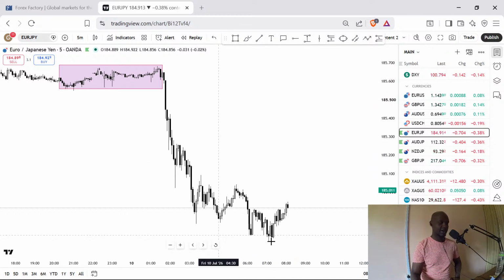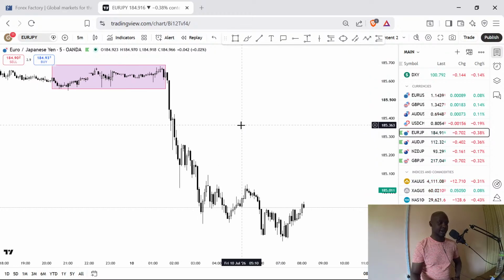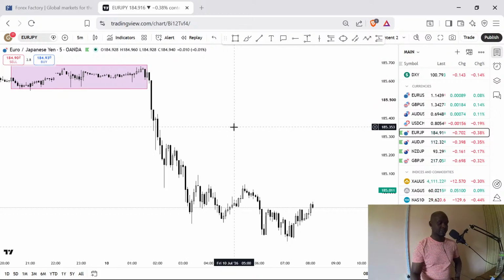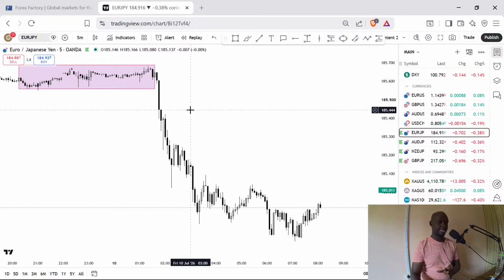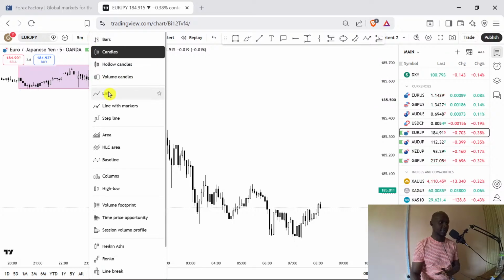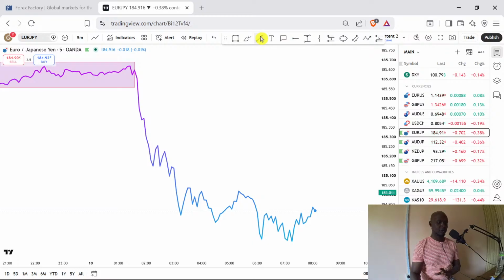Now this is a descending channel, and sometimes it might not be that clear to the naked eye, but once you've been trading price action for quite a while, you can identify these patterns. But I always say that in case you can't see the market structure clearly, you can use the line chart, and you'll be able to see the descending channel I was talking about.